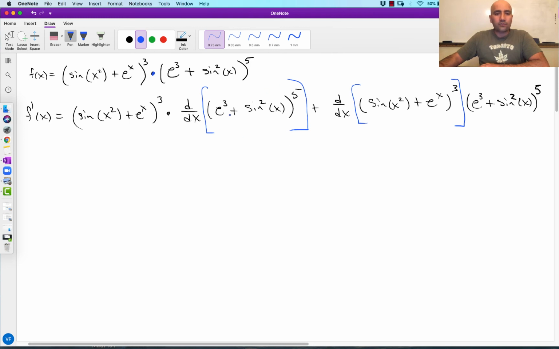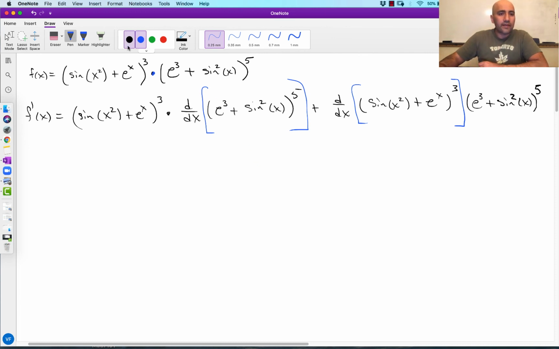So now we're tasked with finding each of these derivatives. Okay, so now the derivative of this guy, I'm going to use my chain rule. I'm going to think of this as some simple function, some single letter, say u to the power of 5, so I know I can bring the 5, copy this to the power of 4, times the derivative of the inside part.